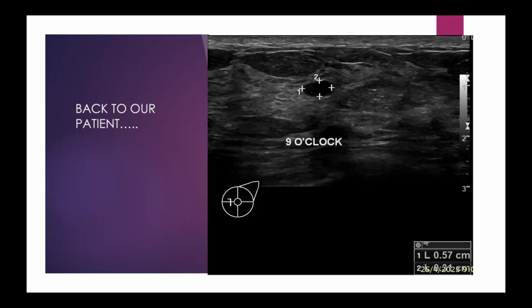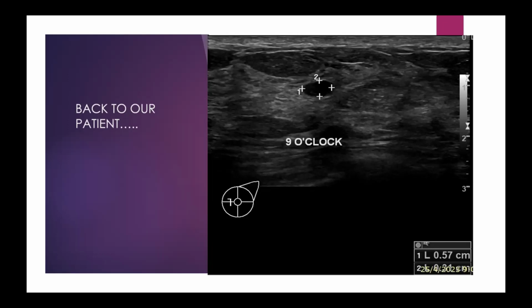It depends on 4A, 4B, or 4C. 4A is 5 to 20%, if I'm not mistaken. 4B is 20 to 75%. And 4C is 75 to more than 90%, 95%. You must accept the concept that something benign can actually be malignant in rare situations.